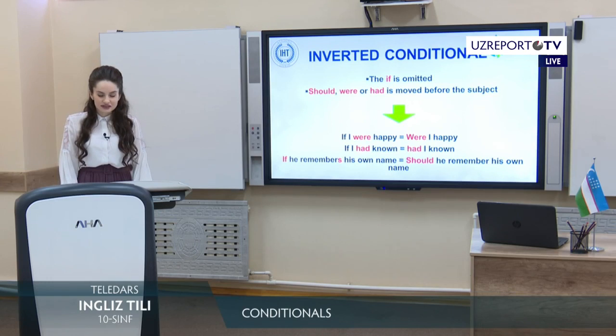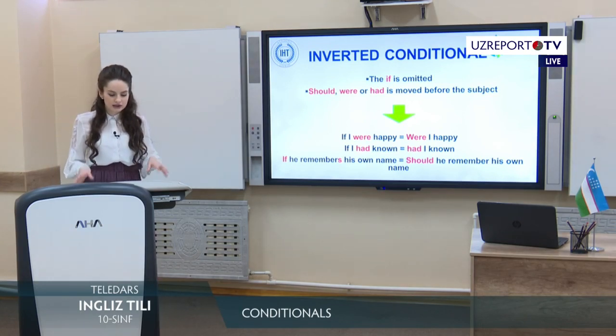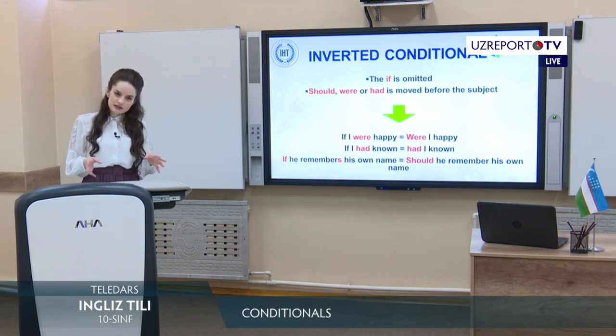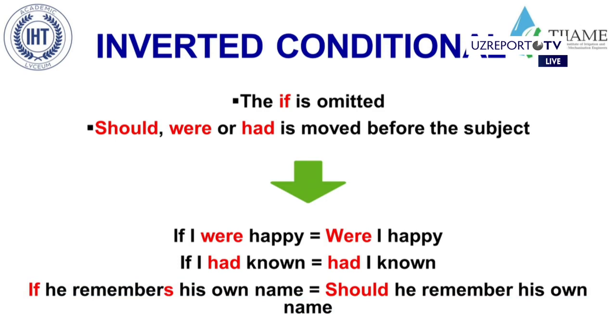Well, inverted conditionals. Look, how can we create them? If may be omitted, and instead of if we may add should, or were or had may be moved from their place to before the subject. Now we'll discuss some examples. If I were happy: if we replace were and omit if, we get were I happy.